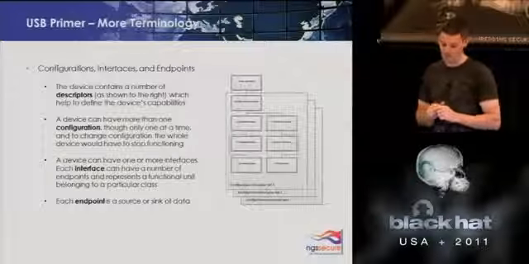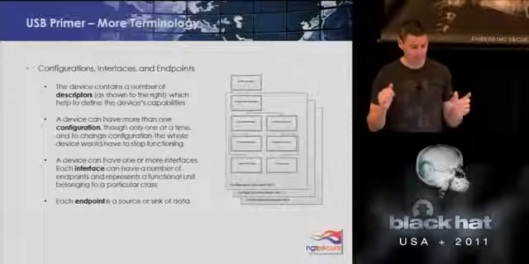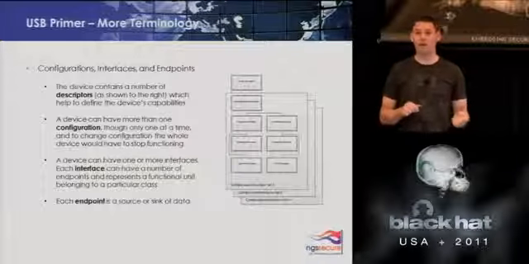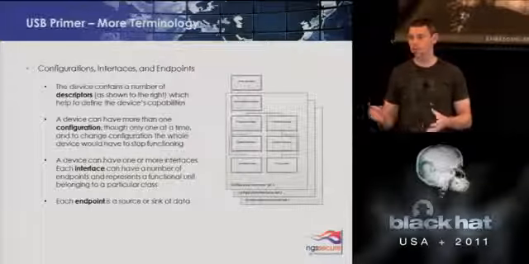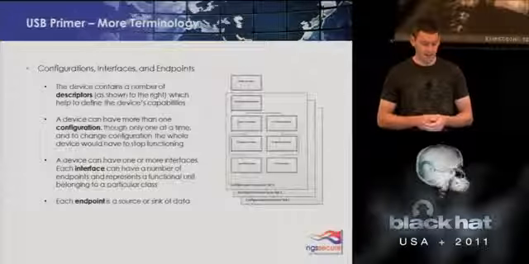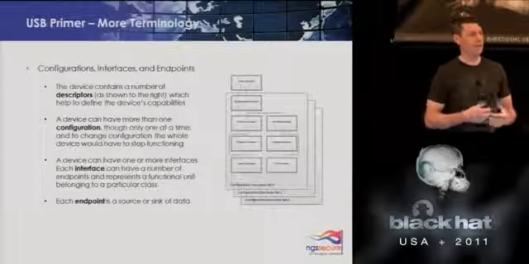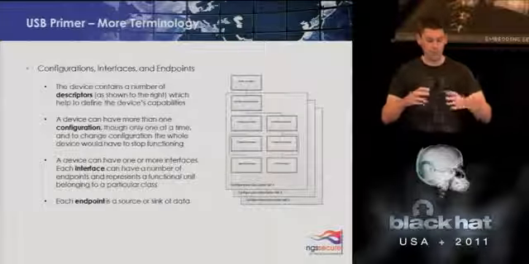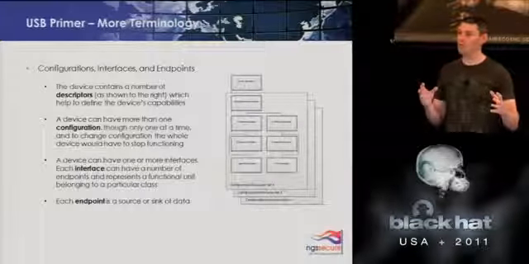Configurations, interfaces, and endpoints. So the device has a number of descriptors, and descriptors are going to be very important when we come to the fuzzing, as you'll see later. They have lots and lots of information about the capabilities of a USB device. And you have what's called a configuration descriptor set.